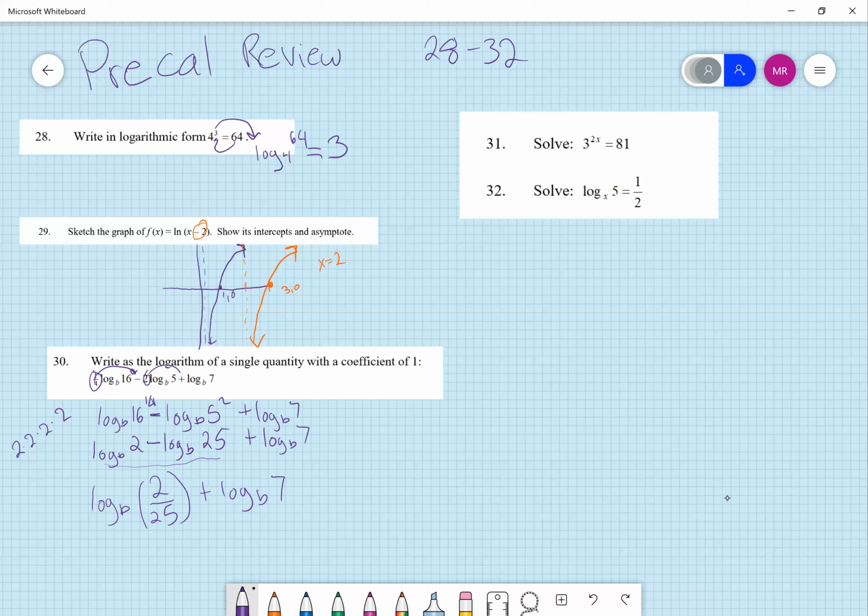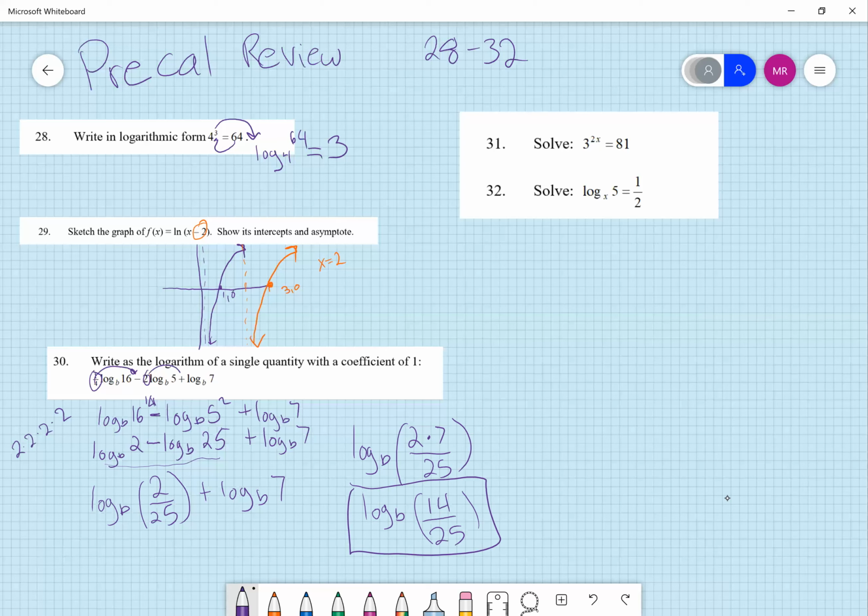Now we can combine this logarithm even further because we've got a plus in between. That means we're going to link it to multiplication. So we've got log base b of 2 times 7 all over 25. Multiplying that out, we get log base b of 14 over 25 as our answer.